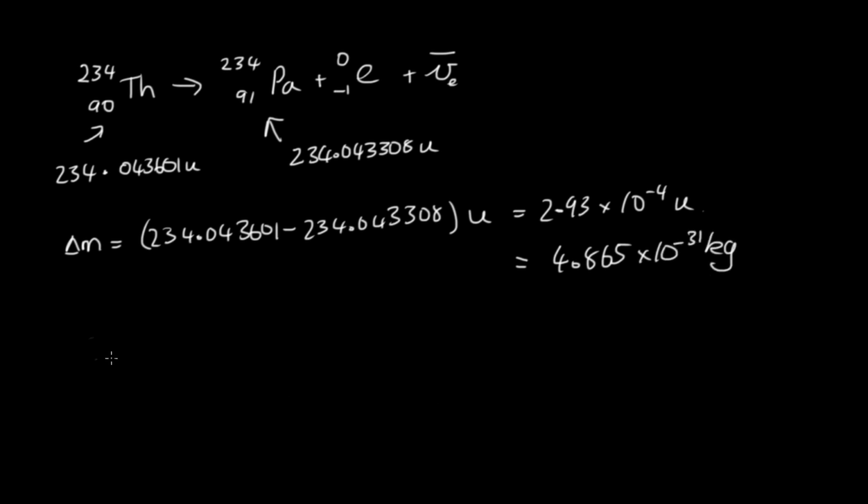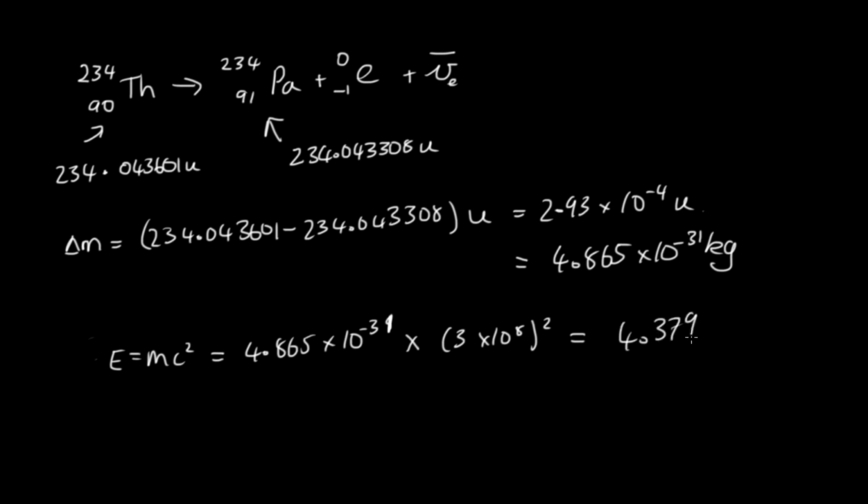So now what we want is our energy. E is equal to mc squared. We've calculated our m here, so that's 4.865 times 10 to the minus 31 times c squared, which is 3 times 10 to the 8 squared. Solving this, we get 4.379 times 10 to the minus 14 joules.